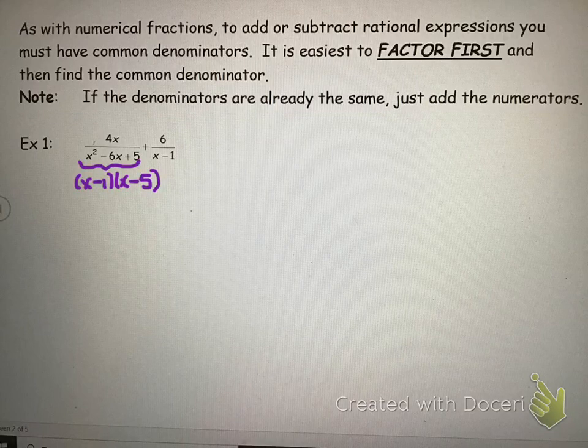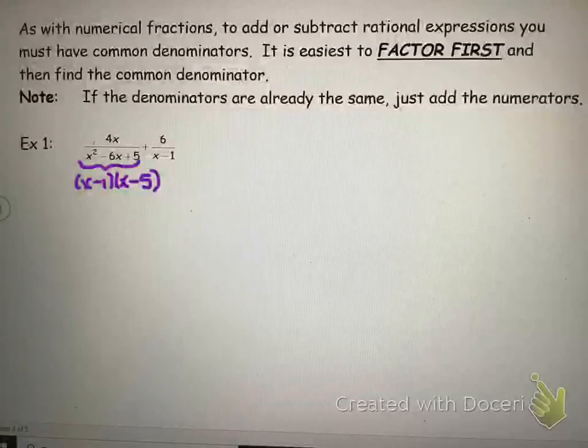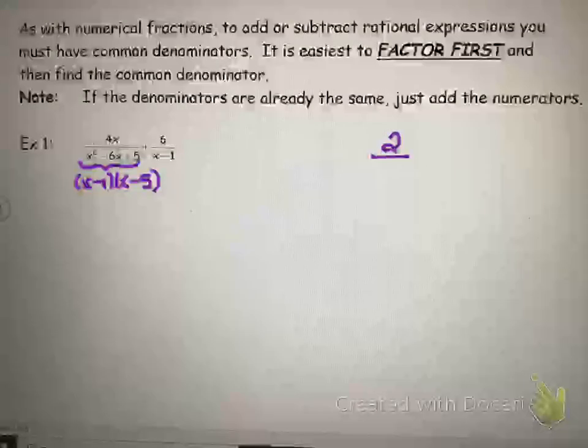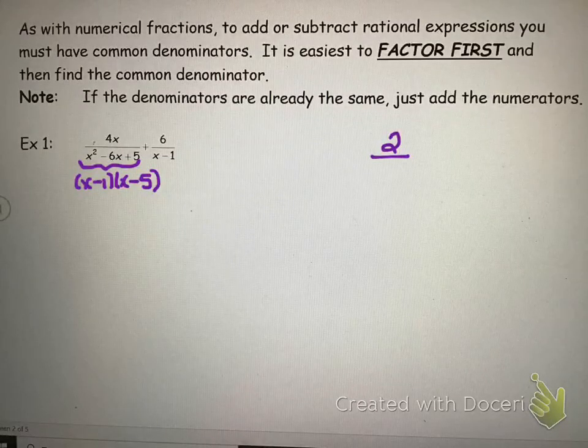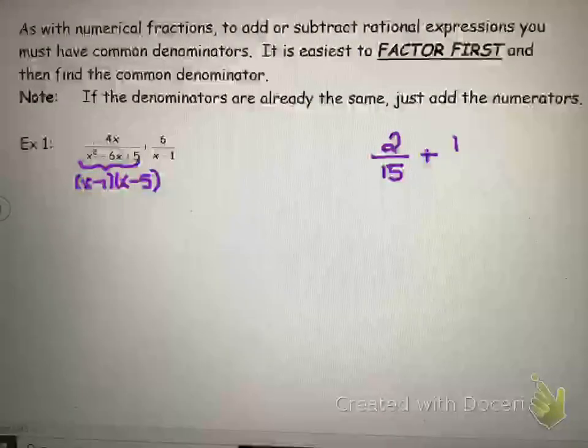The first denominator also has an x minus 5, and the second denominator is missing that. This is the equivalent of if I asked you to add, let's say, 2/15 and 1/5.